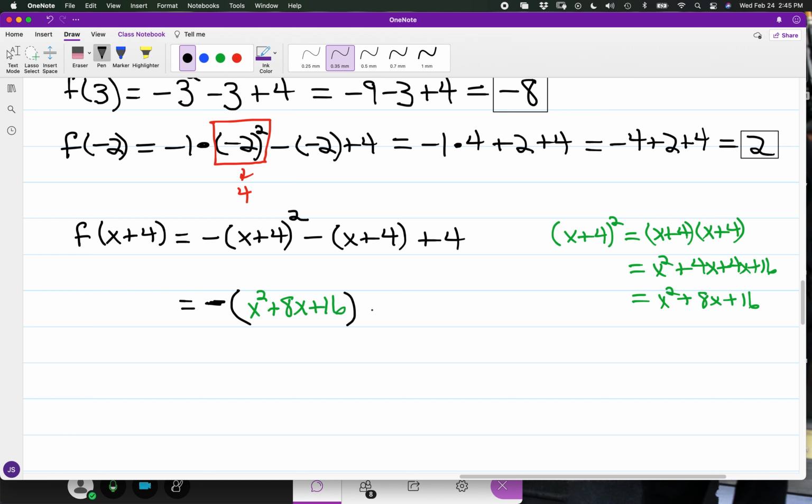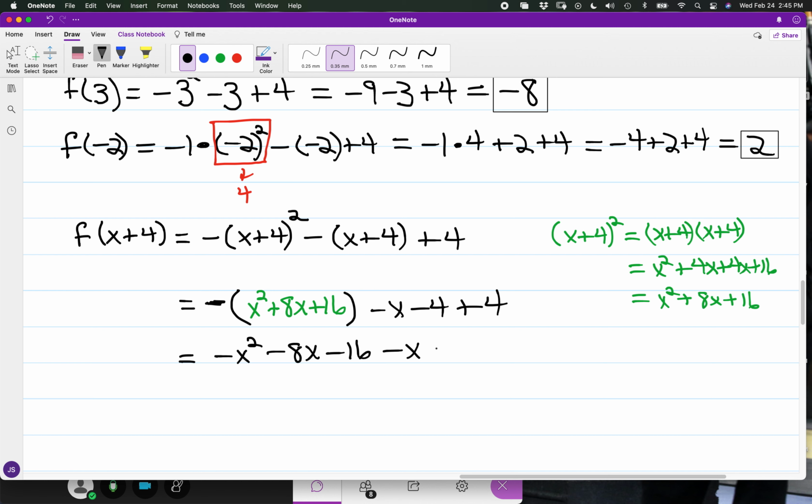So we have a minus x and a minus 4, followed by the addition of 4. And we have in the follow through x squared plus 8x plus 16. Again, I'm taking the opposite sign of the square of x plus 4. So this will be negative x squared minus 8x minus 16. And we got minus x.